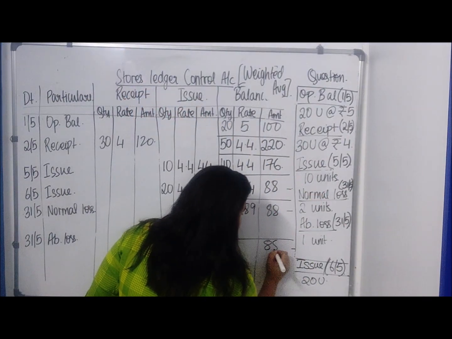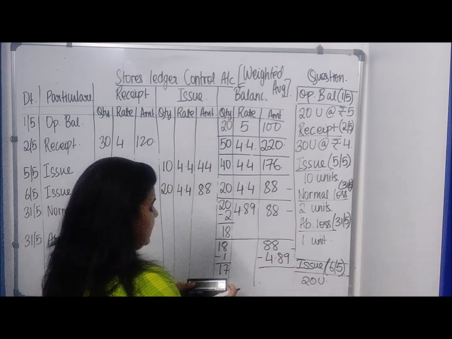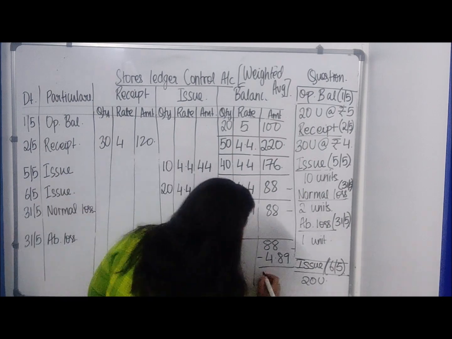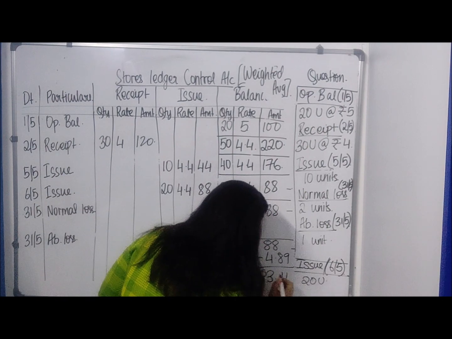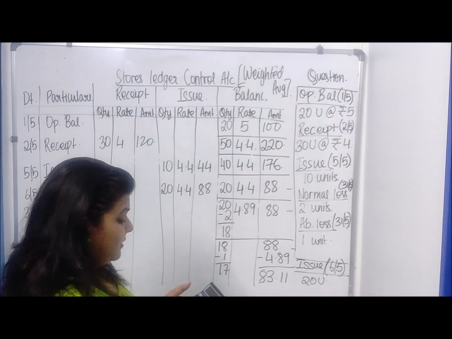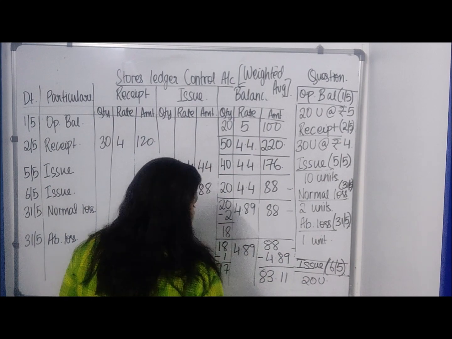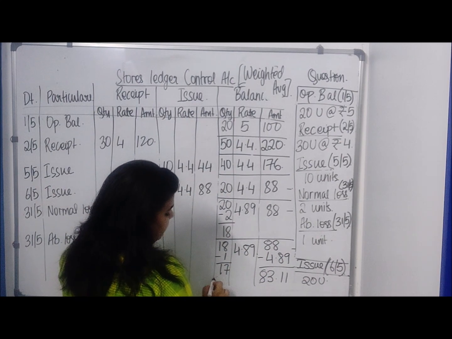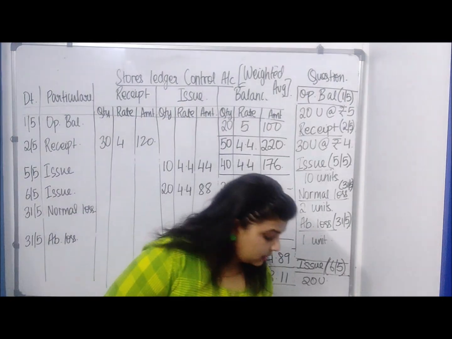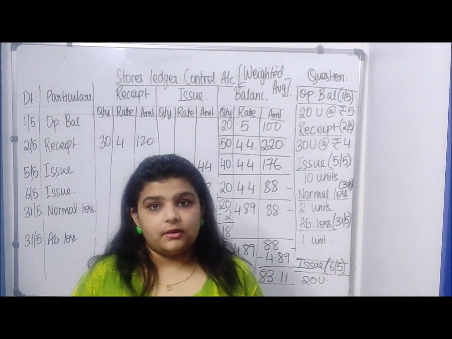So 88 minus 4.89, that is 83.11. 83.11 divided by 17, rate is 4.89 again. So my closing balance is 17 units at a rate of 4.89, that is 83.11. This is under weighted average method.